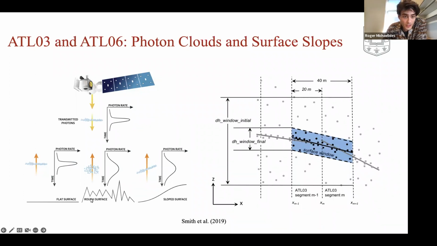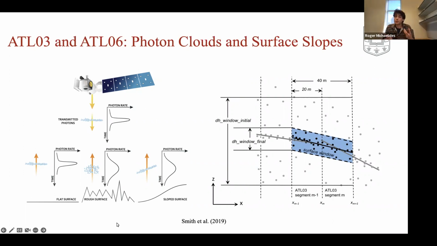If you have a rough surface, that's going to introduce complications because you have photons that, say, hit on this point or this point returning before the photons that hit at the troughs of this surface. So in general, that's going to cause a broadening of the distribution and less photons returning, as photons will get scattered off in angles away from nadir. Similarly, if you have a sloped surface, that can introduce kind of a slope to the photons, as these photons here are going to be returned earlier than photons down here.